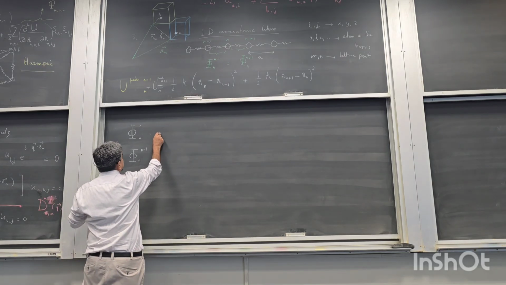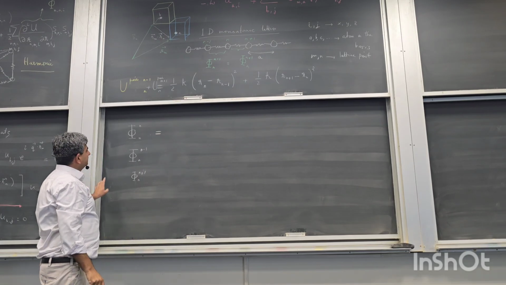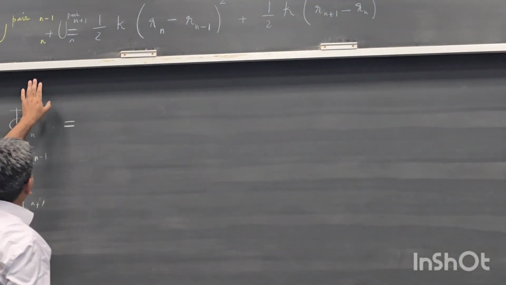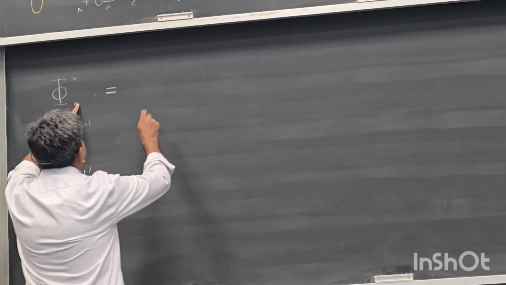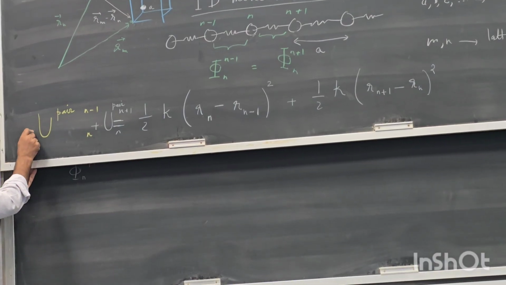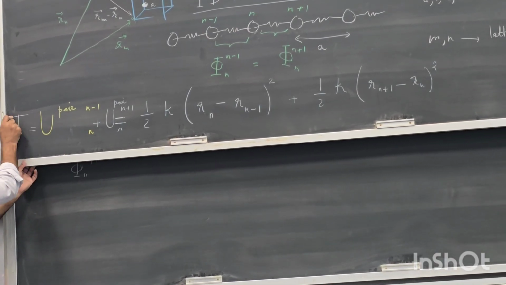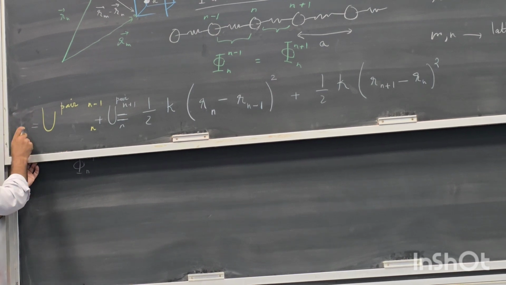So this interaction is this energy, let's call this energy T, okay? T is not a good name, it represents kinetic energy. Let's call this energy V.